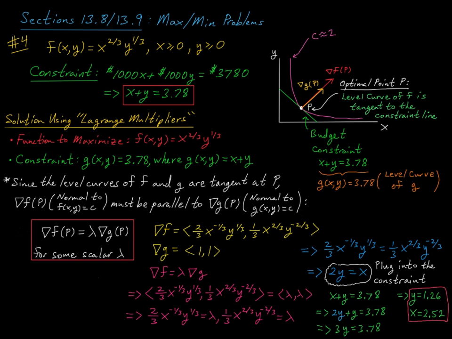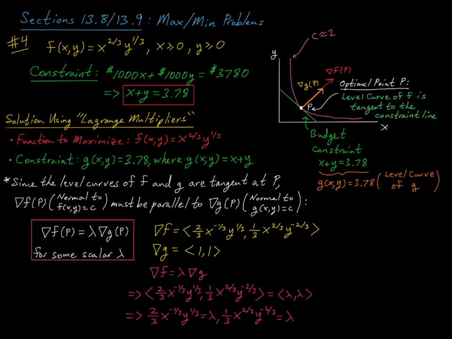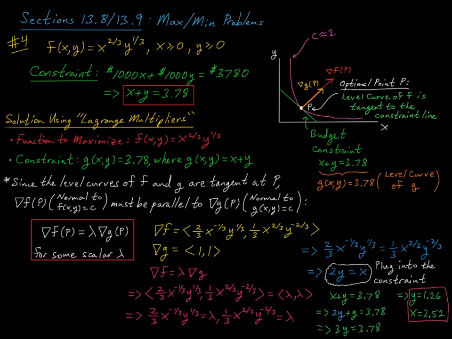If x plus y is 3.78 and x is 2y, just replace x with 2y. 2y plus y is 3y. If 3y is 3.78, we get that y is 1.26. And since x is 2y, if you double y, you get x is 2.52.